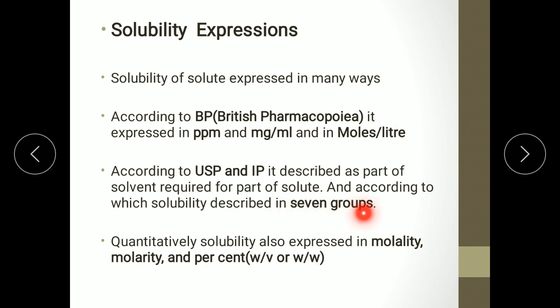According to that, the 7 groups we have seen: soluble, very soluble, that again we have to see here. Solubility expressions according to BP, according to USP and IP.